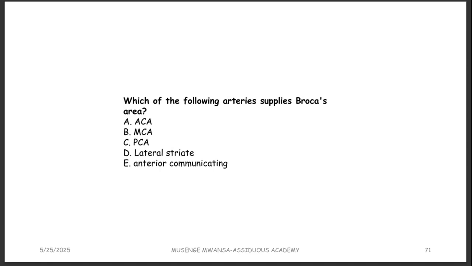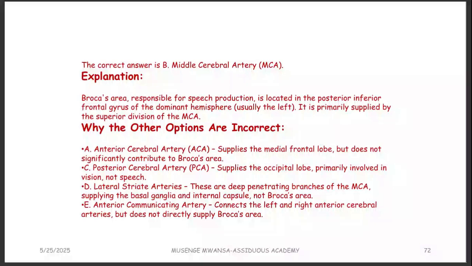So remember, Broca's area is found in the frontal lobe, so it is supplied by the middle cerebral artery. That's why when there is injury to the middle cerebral, there's going to be aphasia, both Broca's aphasia and Wernicke's aphasia.